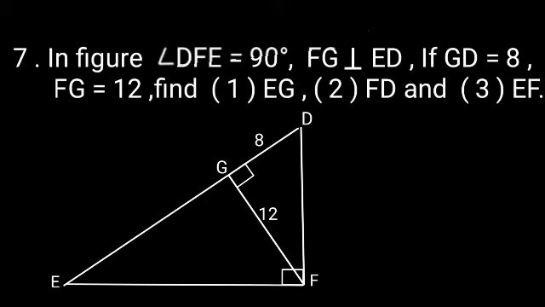If GD is equal to 8 and FG is equal to 12, find first value EG, find second value FD and find third value EF.